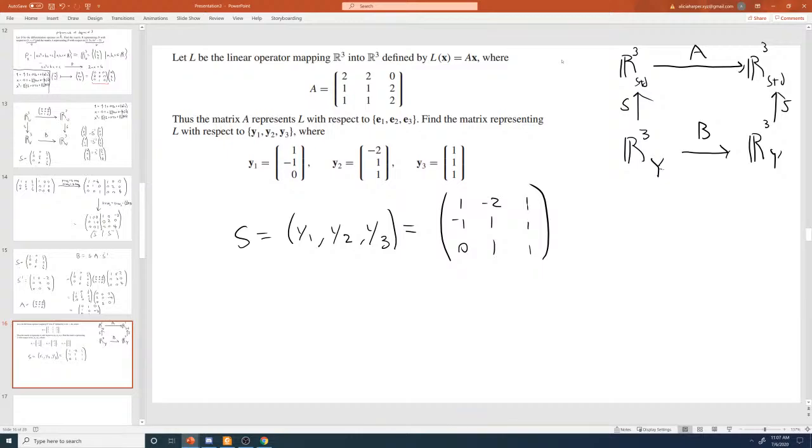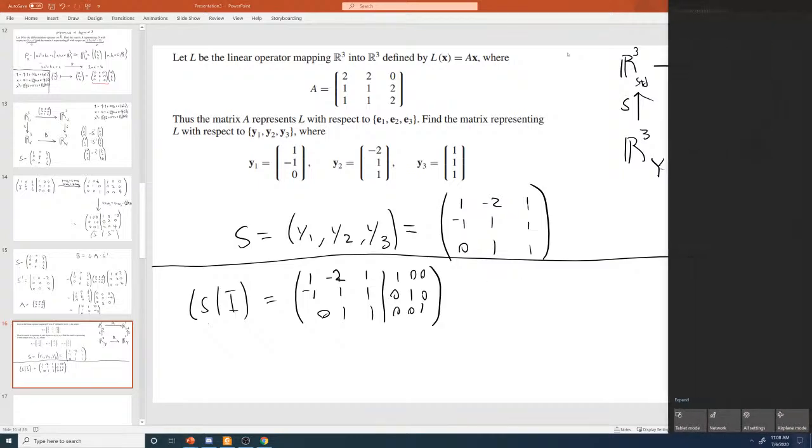And I can do that by essentially just doing a very similar row reduction calculation. I write down the augmented matrix that I'm interested in, in this case [S | I], and I'm going to perform a sequence of row operations to it so I can make the left side into the identity matrix.